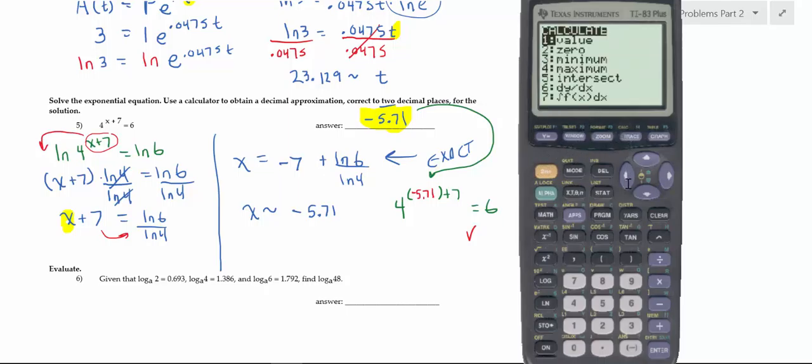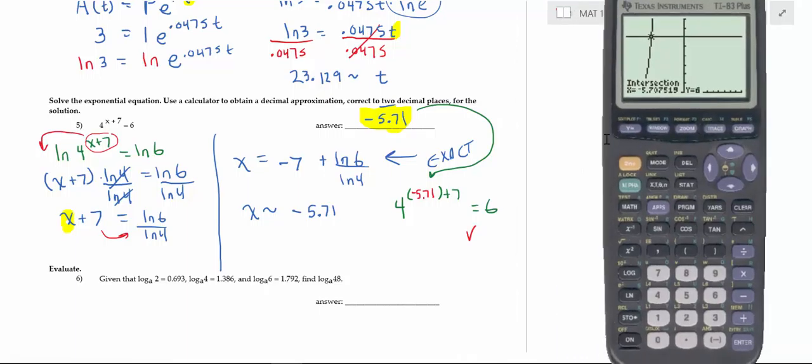Press second trace, option 5, and get the cursor fairly close to the intersection point. Sometimes you have to play with the cursor until you find it. When the second cursor comes up, press enter, and when it says guess, press enter. Now the same answer comes out. So that problem can be checked or even done graphically. I really like students to be able to do that both ways.